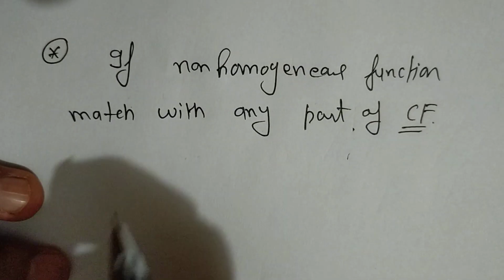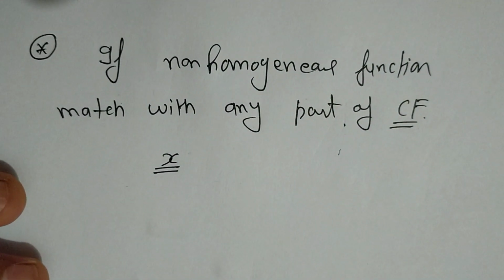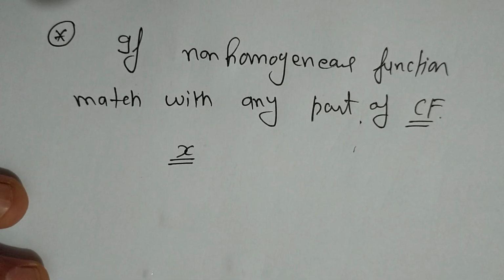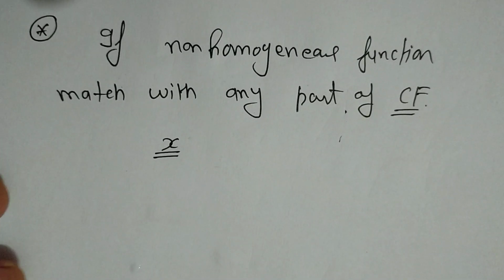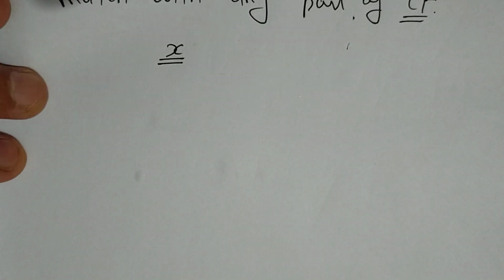You have to just multiply by x. So whatever trial solution we have previously, if it is matching with the complementary function, then we have to multiply by x. So let us have one example for this.